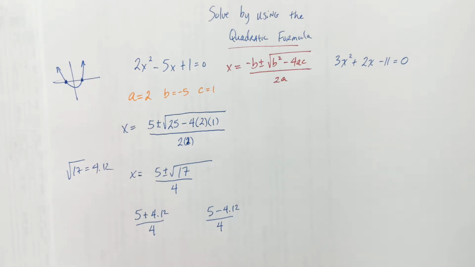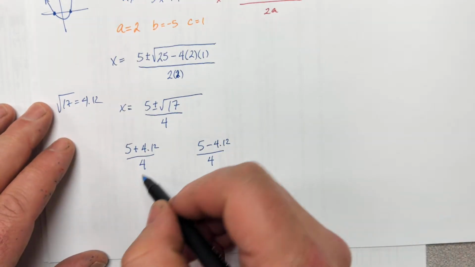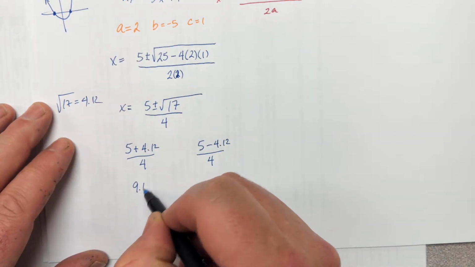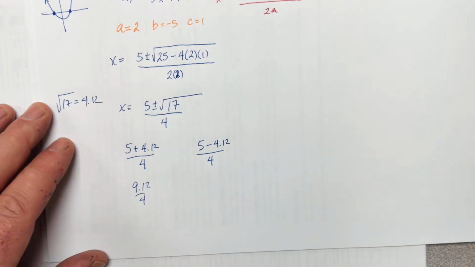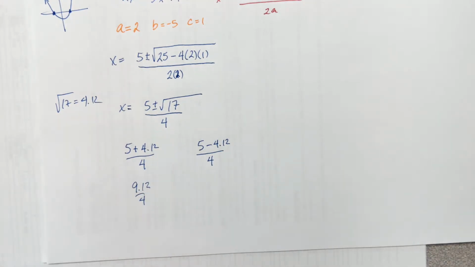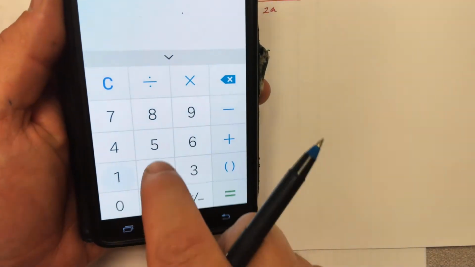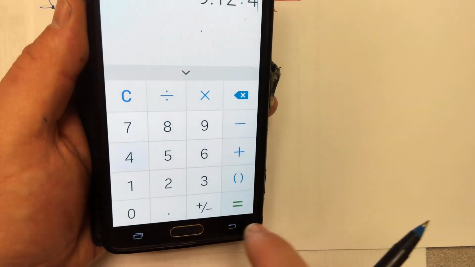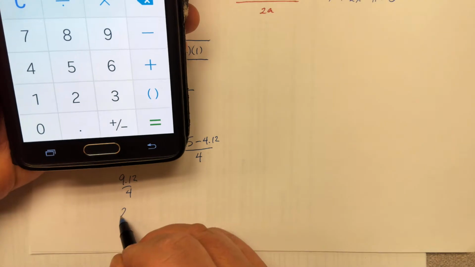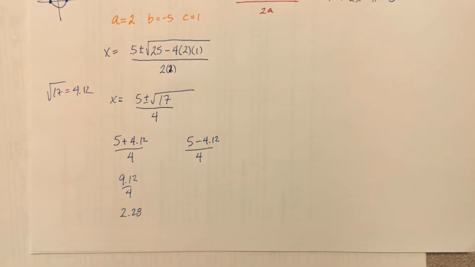Since we're using a calculator and we have decimals, we're going to simplify this. So this is going to be 9.12 divided by 4. I don't know what that equals. 9.12 divided by 4 looks like 2.28. That's one answer, right?